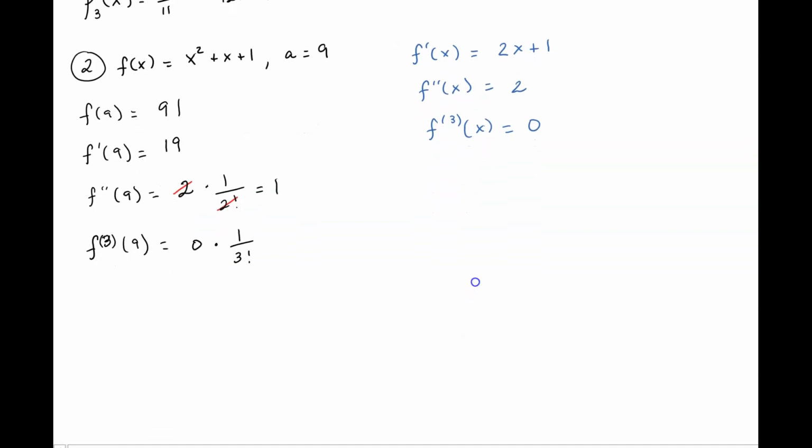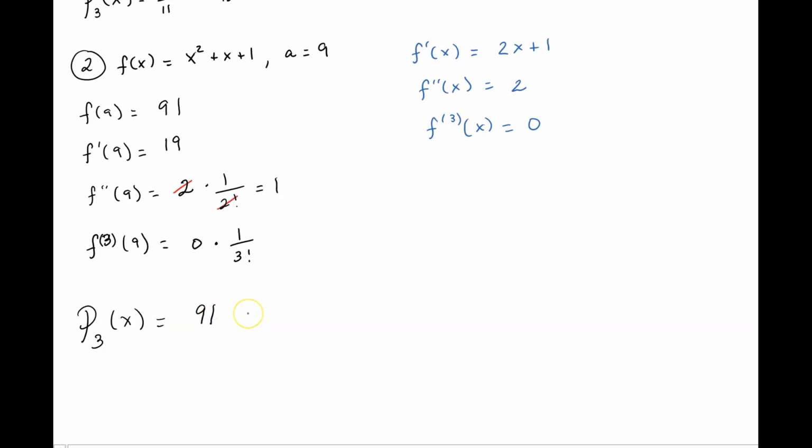Okay, so let's take a look at what the Taylor polynomial of order 3 would look like for this. We're going to start off with 91, which is our f of 9, plus f prime of 9 times x minus 9. So f prime of 9 was just 19 times x minus 9.